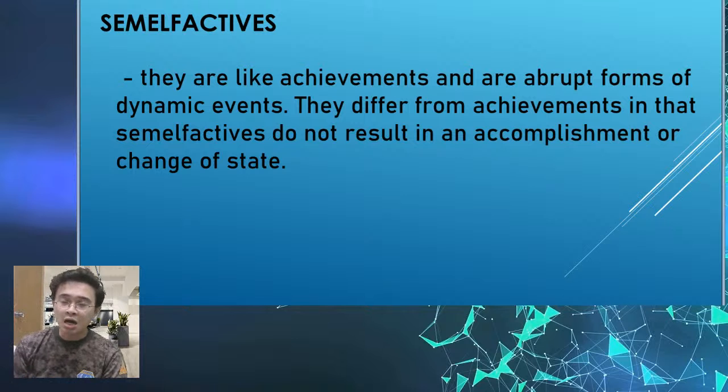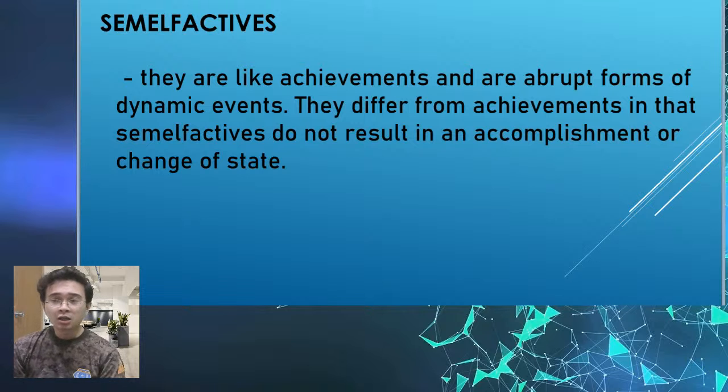And for our final kind of dynamic verb, we call that semelfactives. Semelfactives are like achievements. It means they're similar to achievements. Remember, achievements show abrupt or quick results or actions, and are abrupt forms of dynamic events. So it really happens so fast.